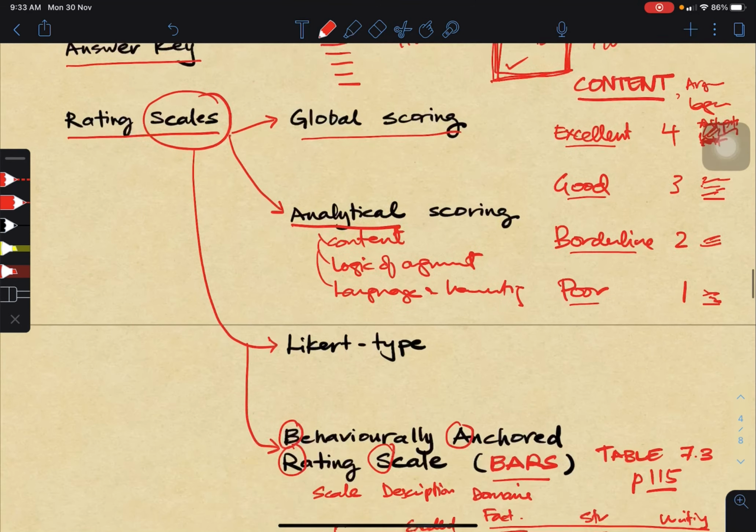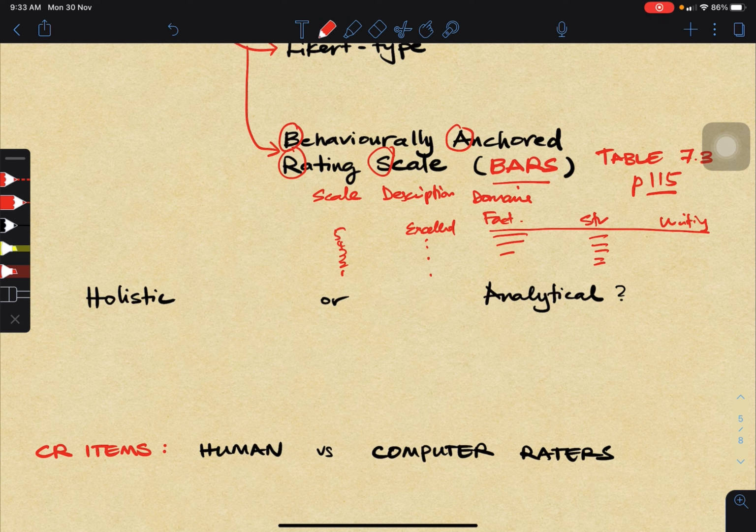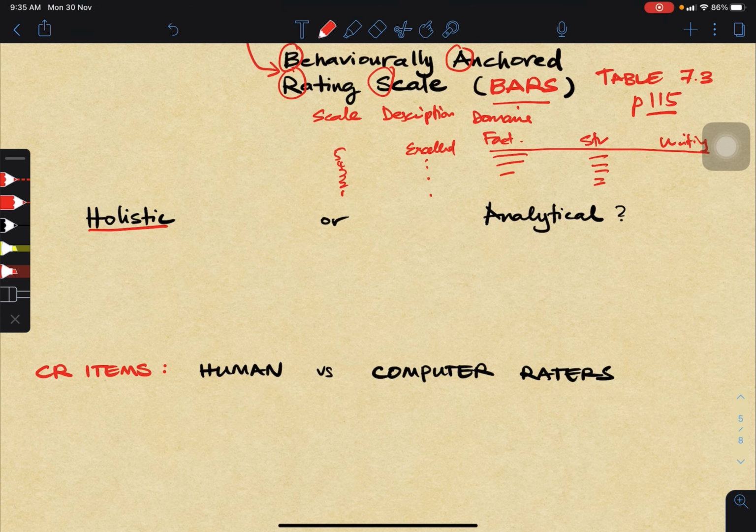That is in terms of the scoring, and therefore do we go for holistic scoring, or general, what we call here the global scoring, or do we want to go for analytic scoring? The last part, if you look at page 115, the paragraph just above the table, the author gives a guideline on whether you want to use holistic or analytical scoring.